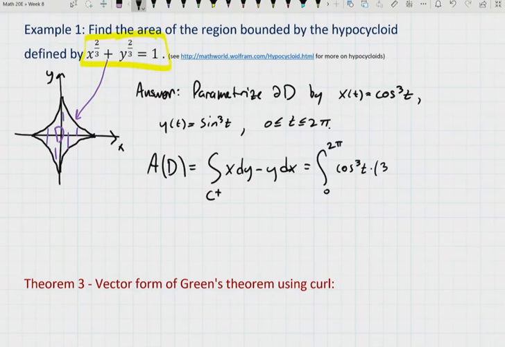Let's see, that's 3 sine squared t times cosine t, minus y, which is, what's y? y is sine cubed t, dx is 3 cos squared t times negative sine t.